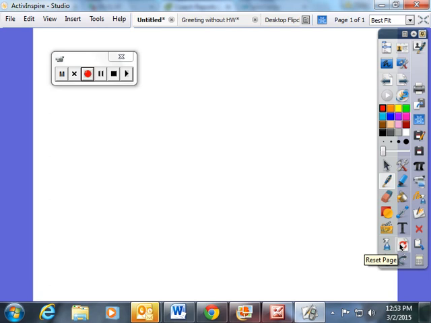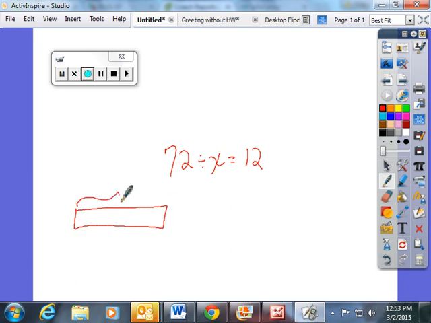You actually have to divide. Maybe if I draw a picture of that, 72 divided by x equals 12. So you have some bar that's 72, and you're not sure how many it's divided into, but each section is 12.